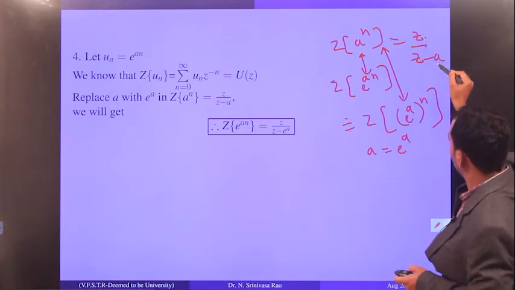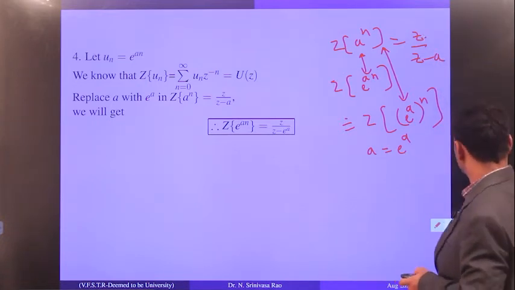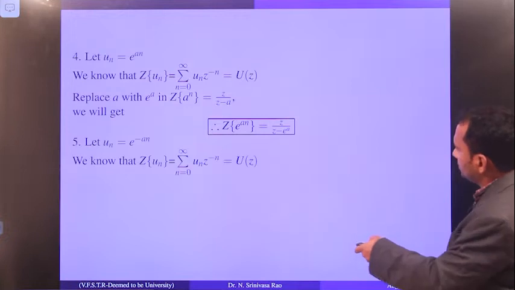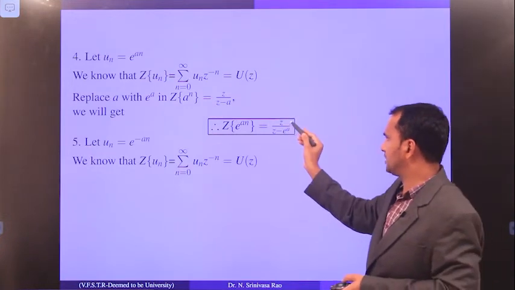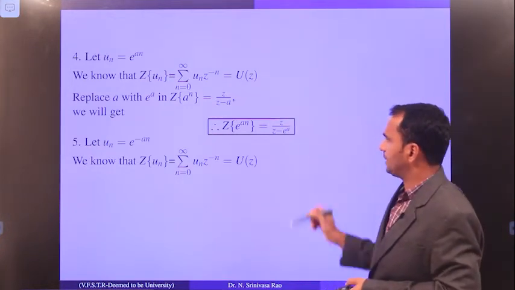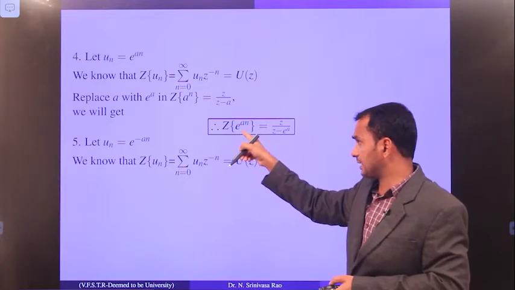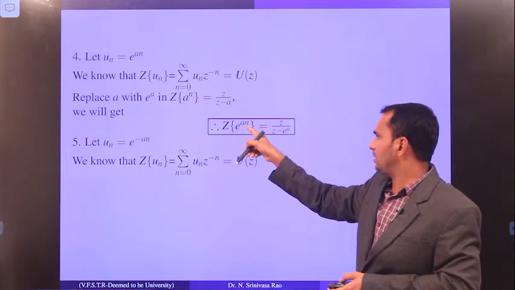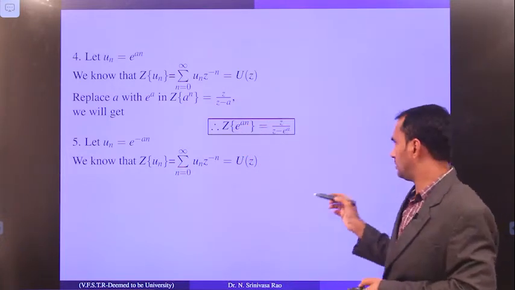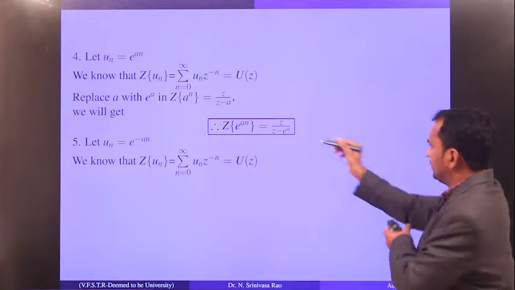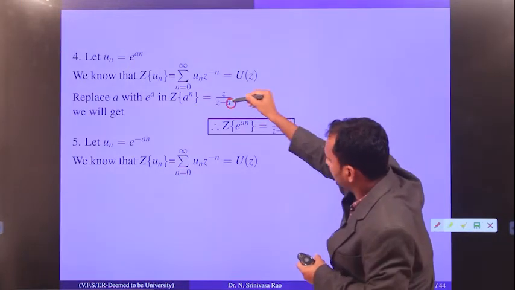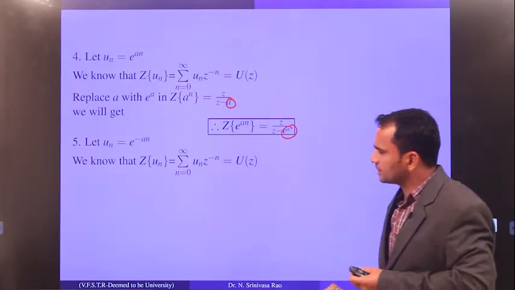So here you just substitute e^a in the place of a, and this is the answer: z/(z - e^a). So this is the z transform of a^n, and this is the z transform of e^(an). The only difference is that in the place of a we have substituted e^a.